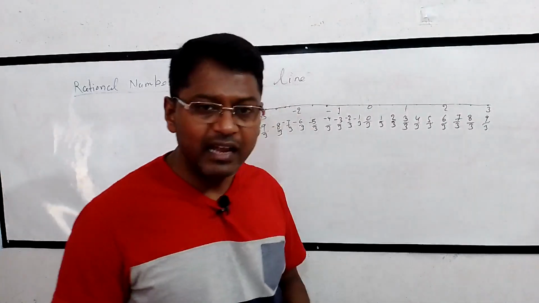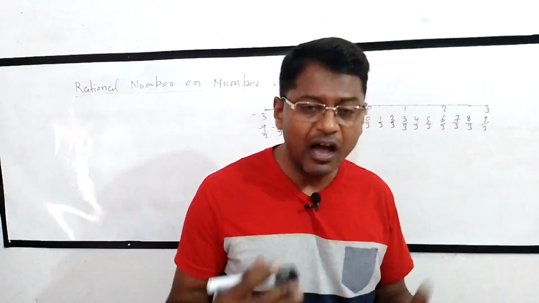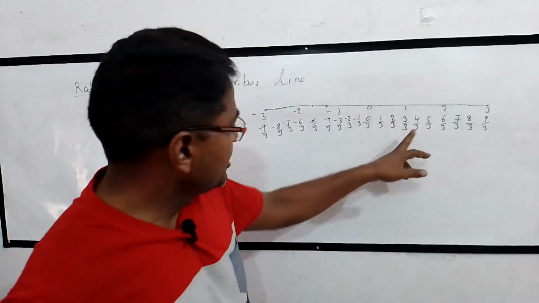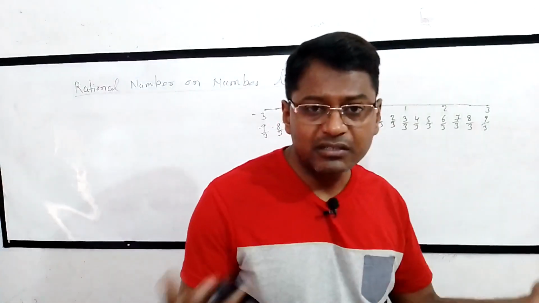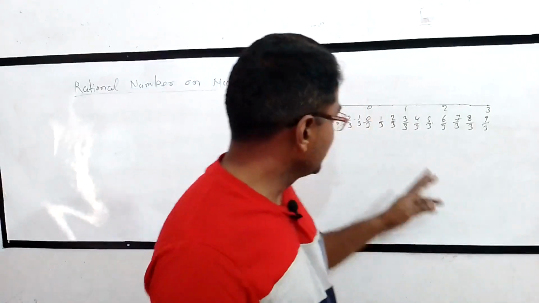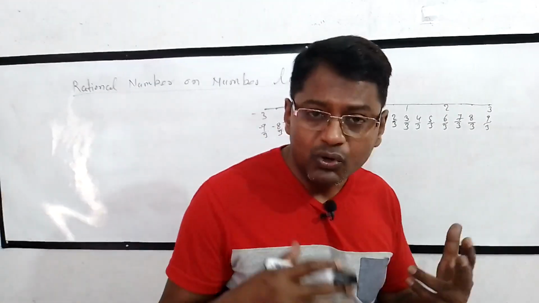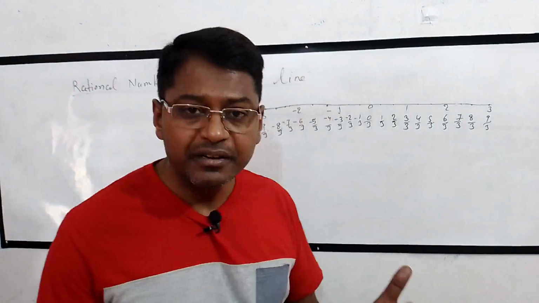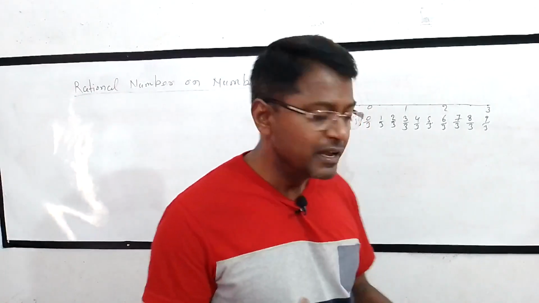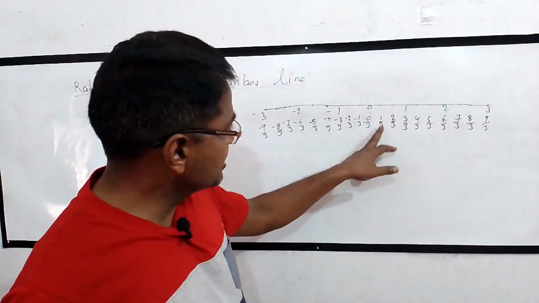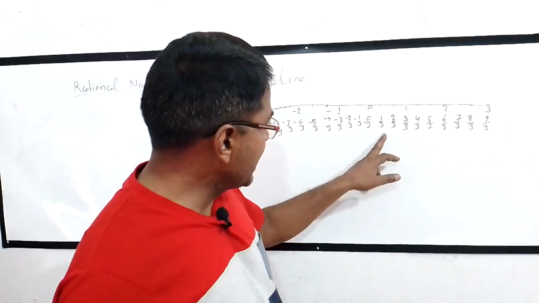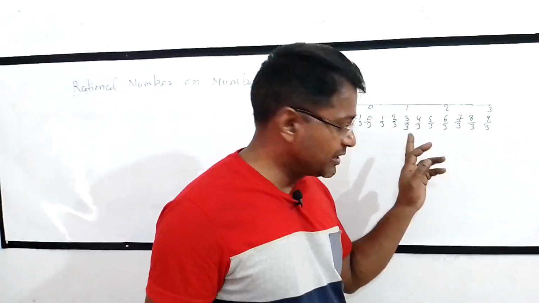Firstly, you have to decide in how many portions you want to divide the numbers in between two integers. How many sections do you want to create? Here I want to create 3 sections between 0 and 1. That's why I have put 3 as the denominator.